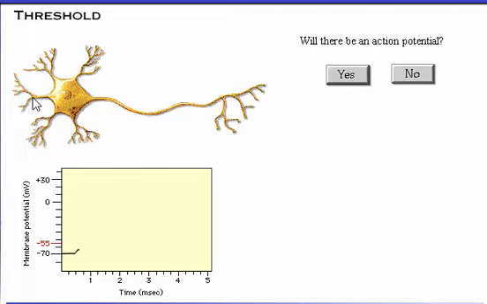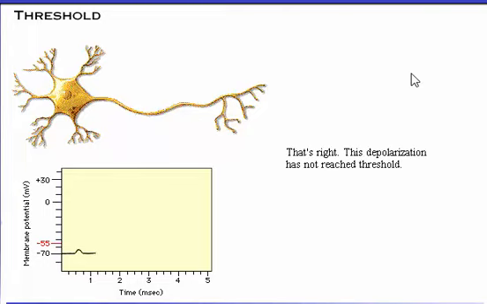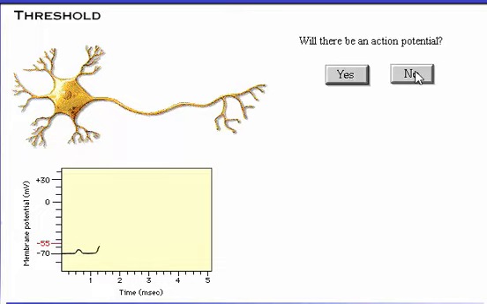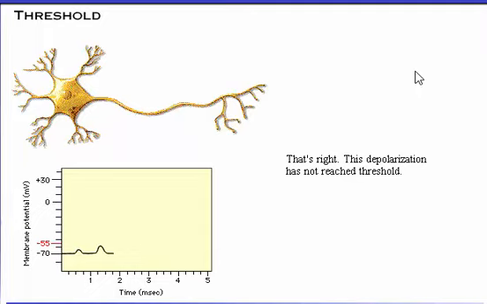Will there be an action potential? That's right. This depolarization has not reached threshold. Click the neuron again to depolarize further. Will there be an action potential? That's right. This depolarization has not reached threshold. Click the neuron again to depolarize further.